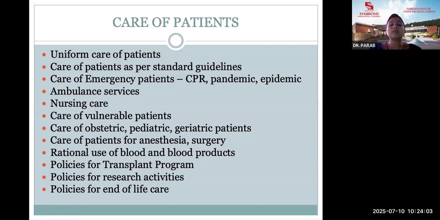So how is this emergency care going to be provided is the next standard. So when you talk about emergency care, you'll have to define who is your code blue team, how do you announce a code blue, in which cases do you resuscitate, how do you resuscitate, what is the technique to be followed, etc., etc. All of that goes in detail.